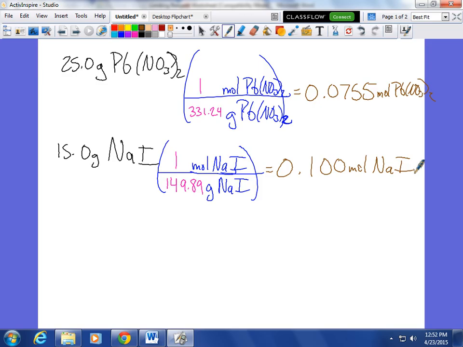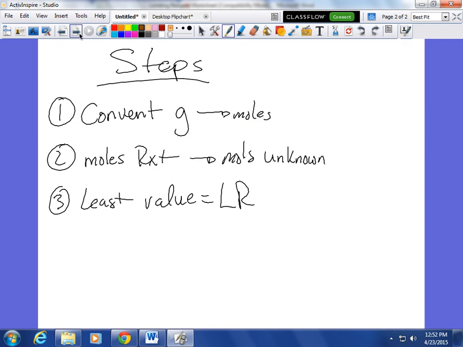Okay, all right. So far everything smooth, right? This is step 1. Now I'm going to have to go to the next page, but you guys can keep working it out. What's step 2? Convert moles of the reactant to moles of the unknown.